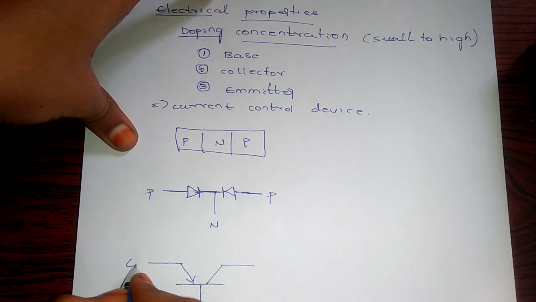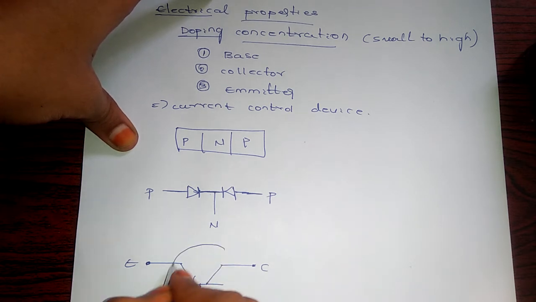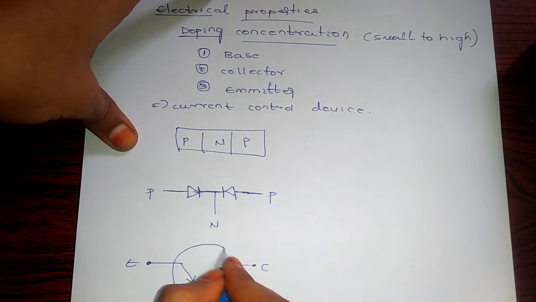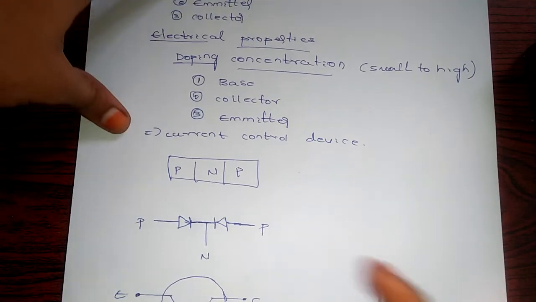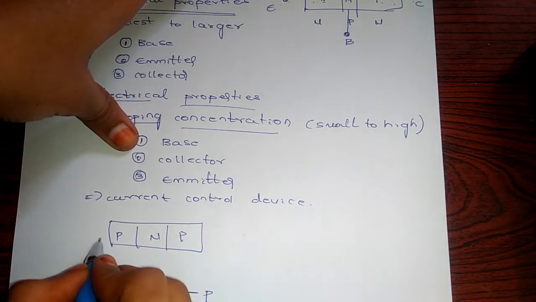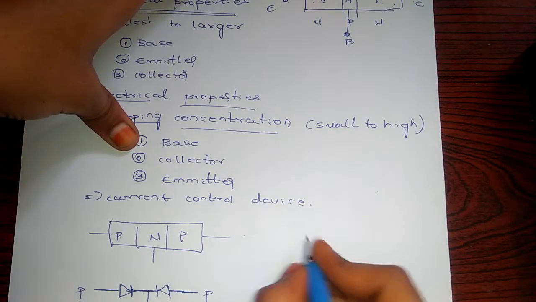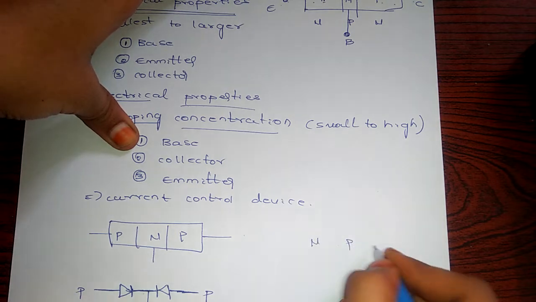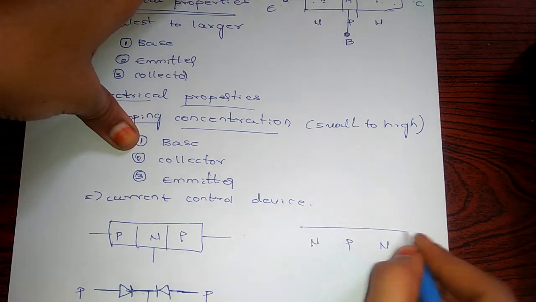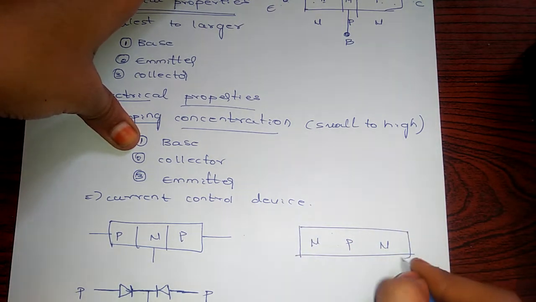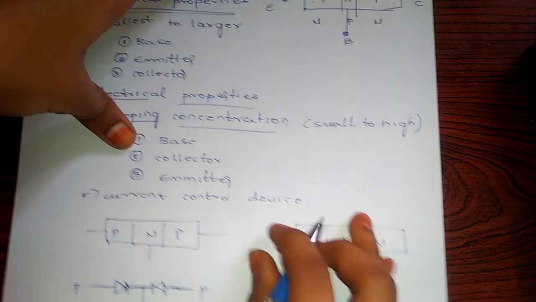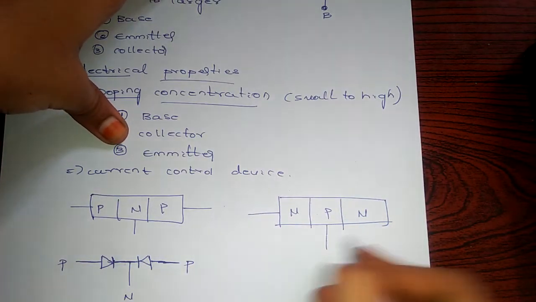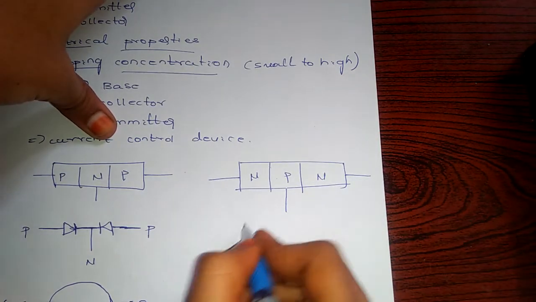here it is emitter, collector and base. And look at NPN.